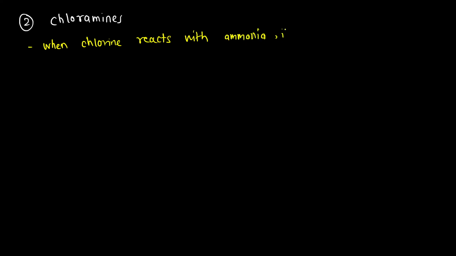The second is called chloramines. Now when chlorine reacts with ammonia, it produces the chloramines. Now these are the four reactions that you have to remember.